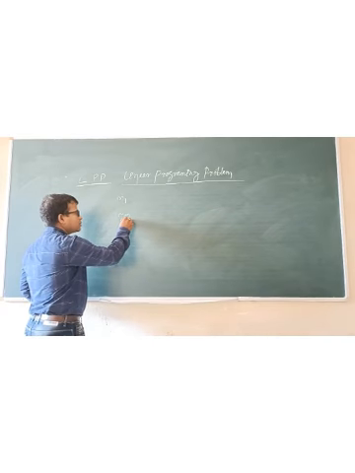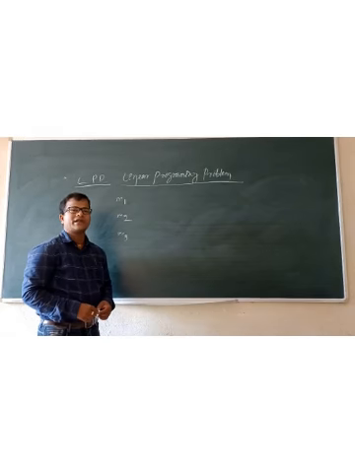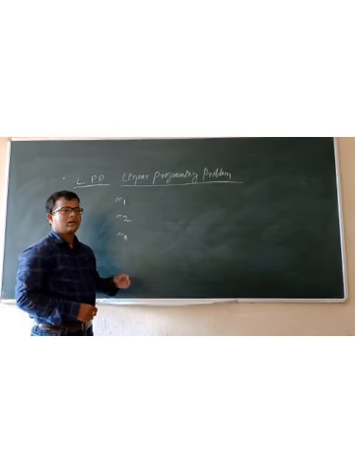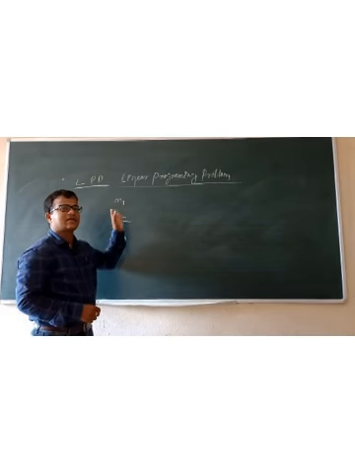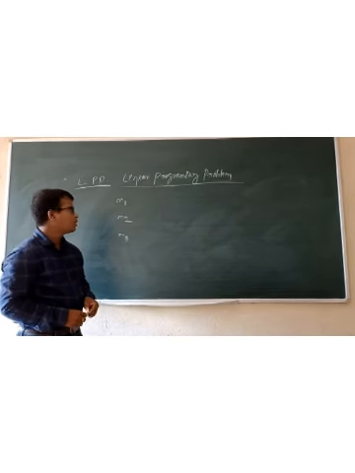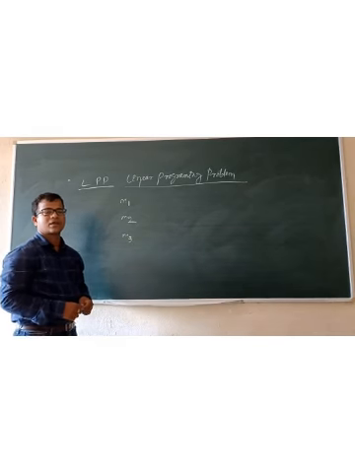in a company, or a cycle manufacturer, there are 3 machines. In a cycle manufacturing company there are 3 machines. Suppose machine 1, machine 2 and machine 3.